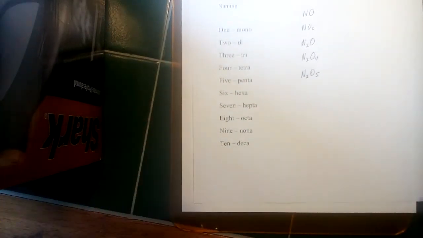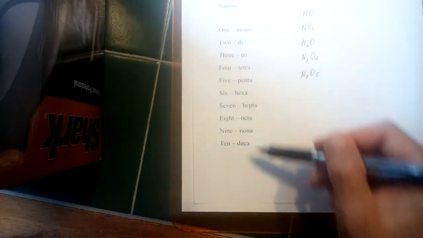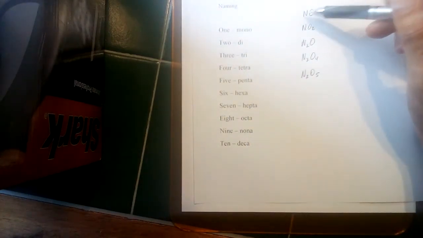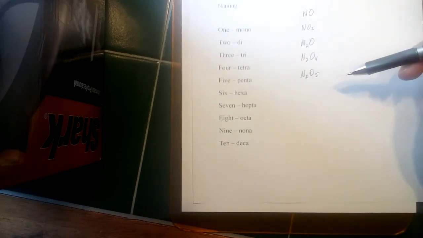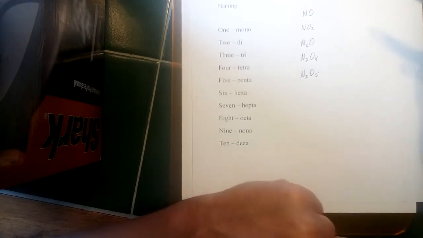So there's 5 of them, right? We certainly don't want to just say, this is nitrogen and oxygen. So what we do is we use these prefixes to just describe how many nitrogens are there, how many oxygens are there. Now, the ending still gets changed to IDE, just like we saw in the ionic compounds. So these all will end with oxygen. We'll change all of that to oxide.